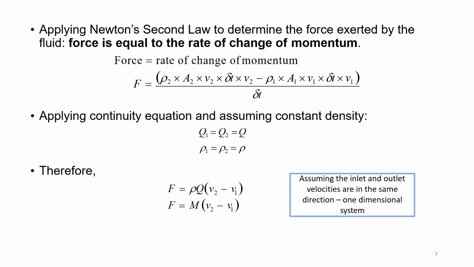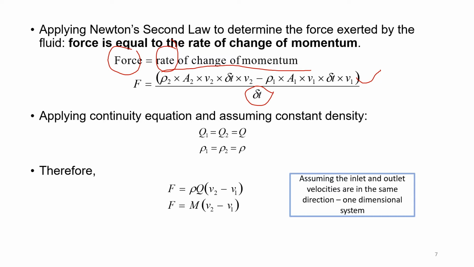Then apply Newton's second law, where Newton's second law states that force is equal to rate of change of momentum. So for the word rate here, we need to consider the time. So we divide by change of time. So the change of momentum divided by time becomes the rate of change of momentum.